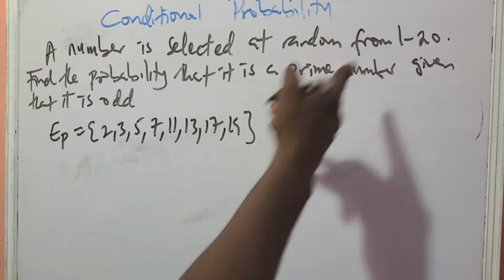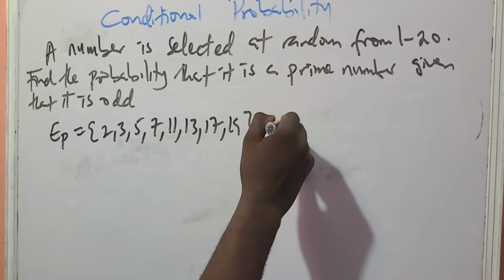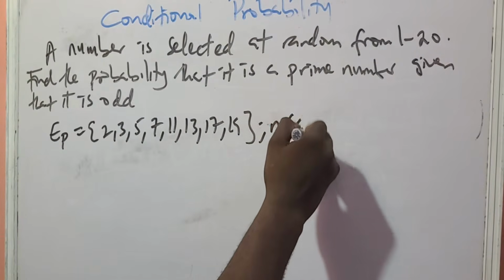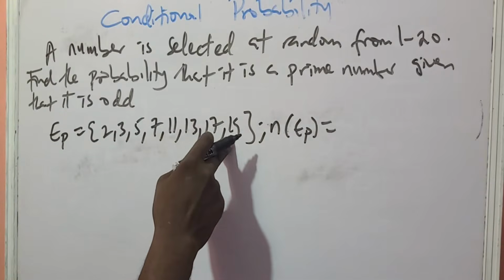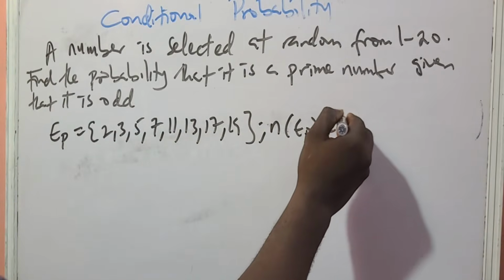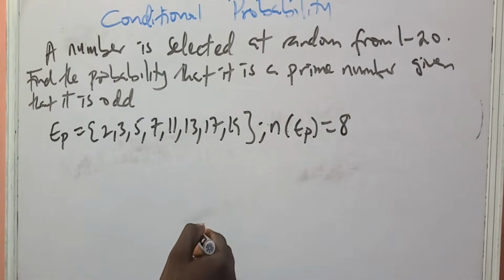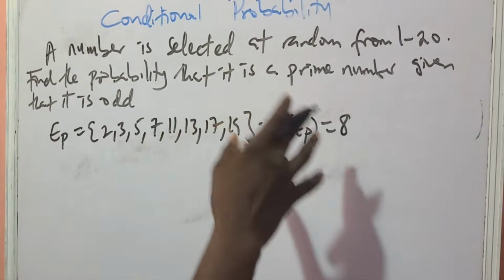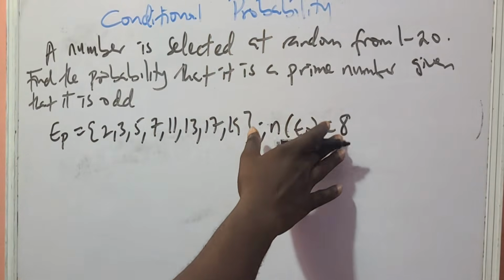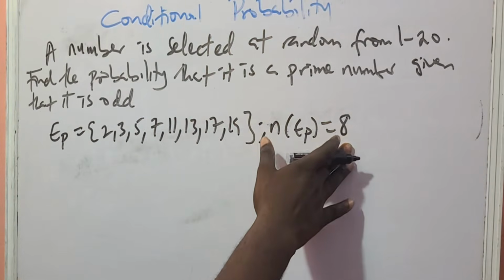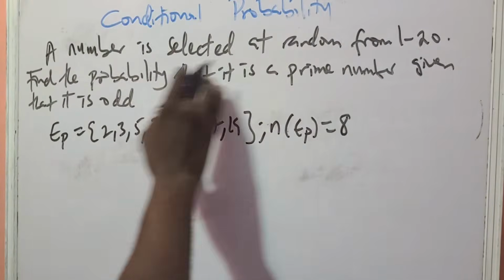These are all the prime numbers between 1 to 20. What's the number of elements in that event space? 1, 2, 3, 4, 5, 6, 7, 8. We have 8. Now, this is for just the prime numbers.